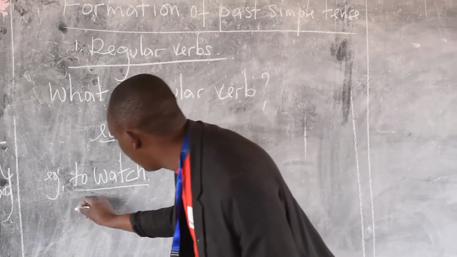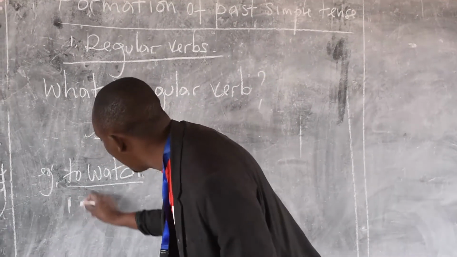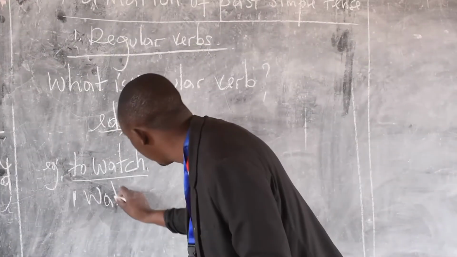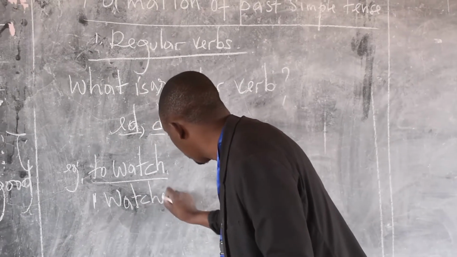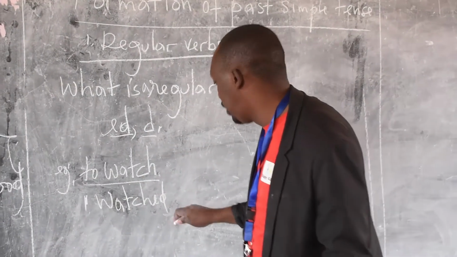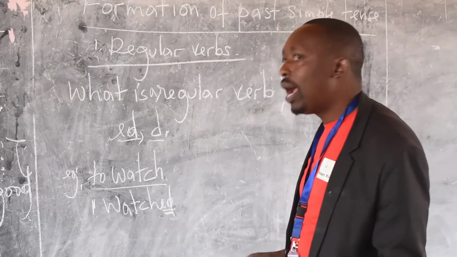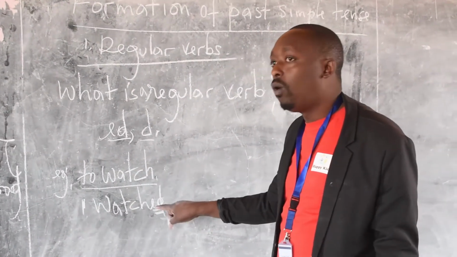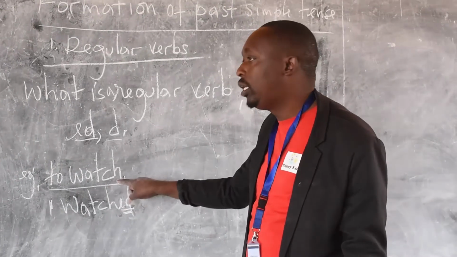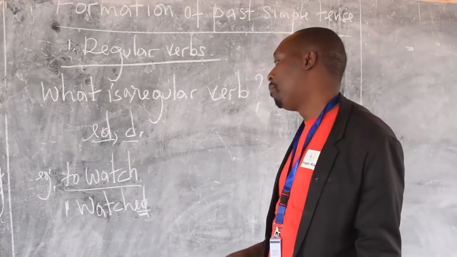Let me give you an example. We will say, I watched. You see, here I'm adding ed. Why am I adding ed? Because this verb to watch is a regular verb.